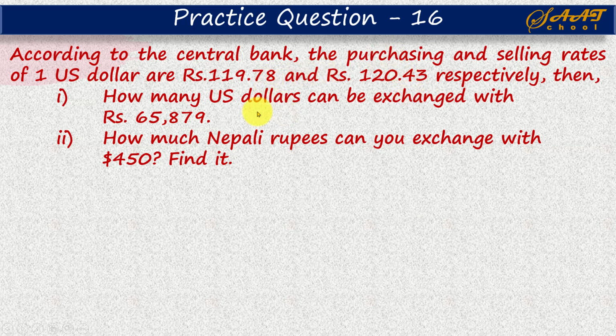Now you have to find how many US dollars can be exchanged with 65,879. Meaning, in the first example, you are the buyer. You are going to buy US dollars from the bank.